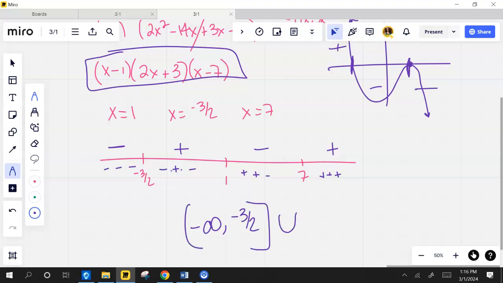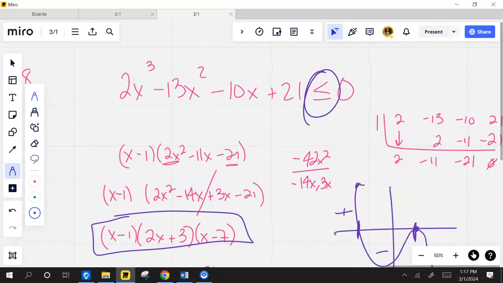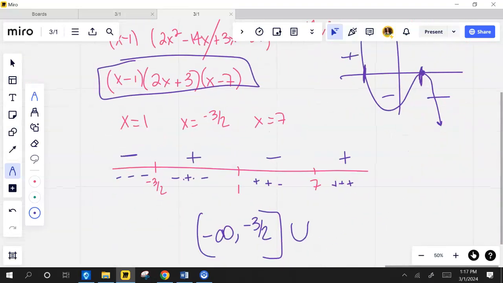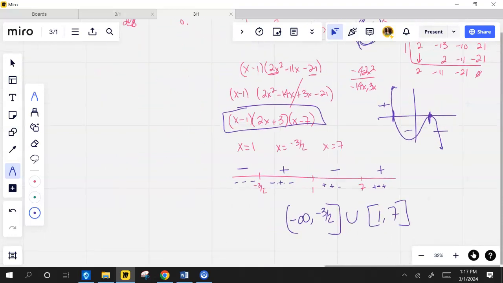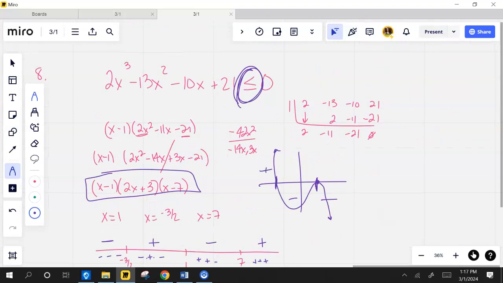Why is it a bracket this time? That's right. Infinities always get parentheses. Because it's less than or equal to. How about the other positive, negative interval? Because it said less than or equal to 0.